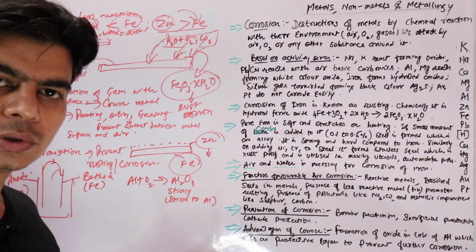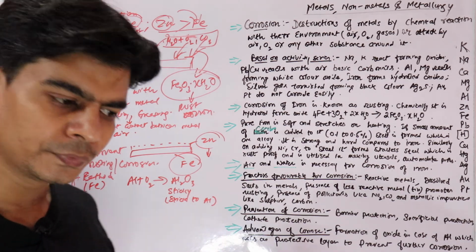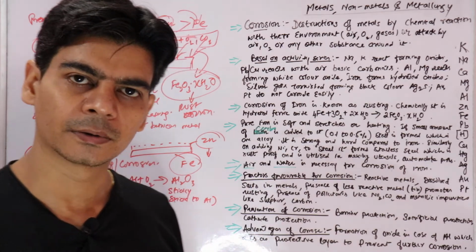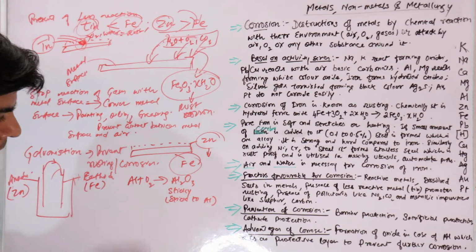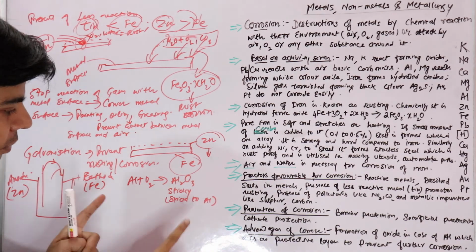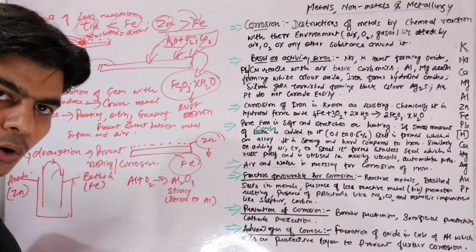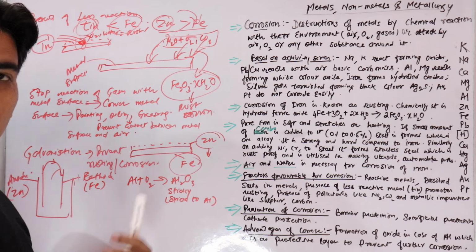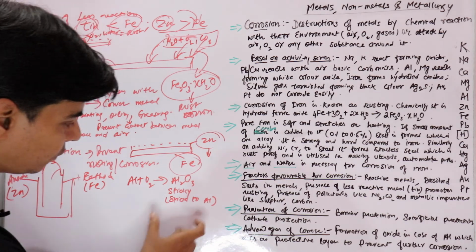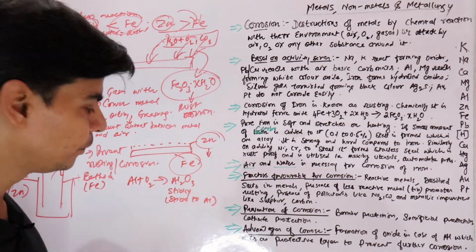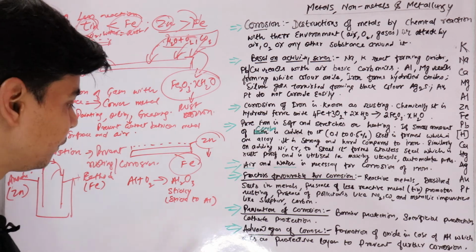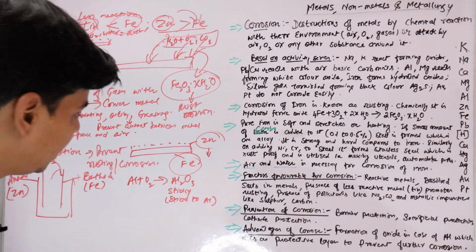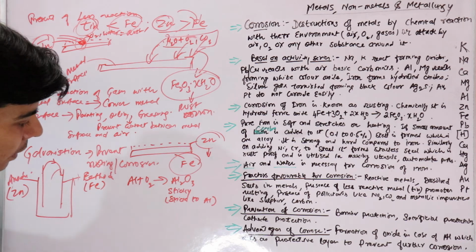Since it sticks to the surface of aluminium, it won't let aluminium come in direct contact with air due to the formation of this oxide. Hence, further corrosion of aluminium is prevented due to this protective layer of aluminium oxide.